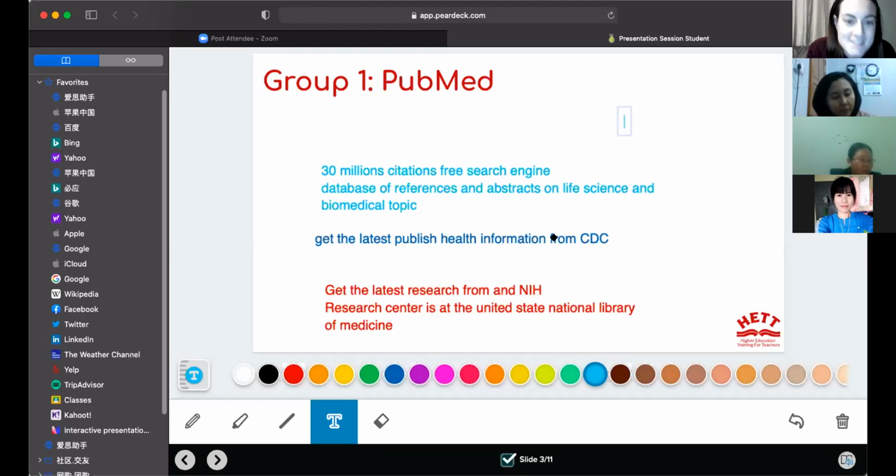Yeah, 30 million citation free search engine, that's a lot. Get the latest published health information from the CDC. Very useful during the pandemic. And from NIH. Good.